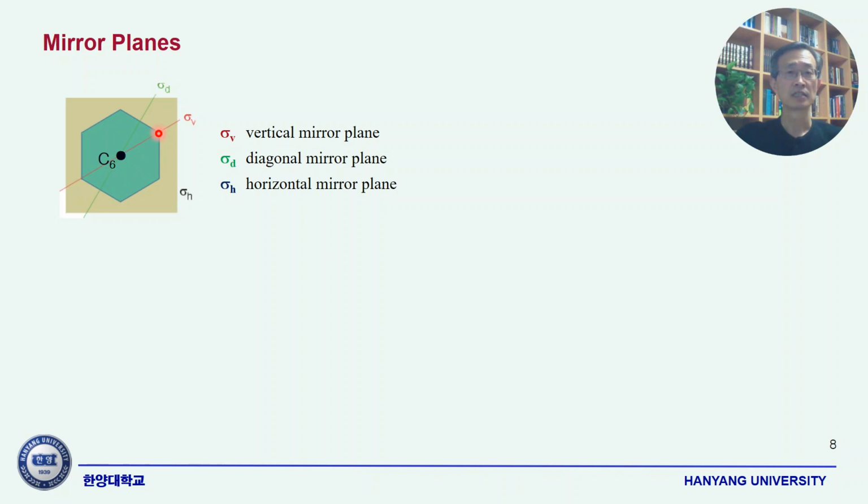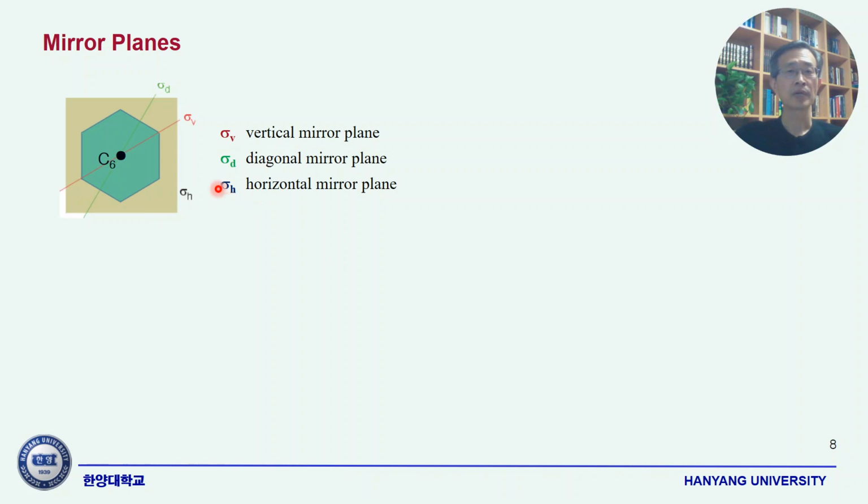Sigma vertical usually, most of the time, includes the atoms, the C atoms. We call this a vertical mirror plane, and this is sigma D, the diagonal mirror plane, the green one here. In this case, it goes between the atoms, so that's a diagonal mirror plane.